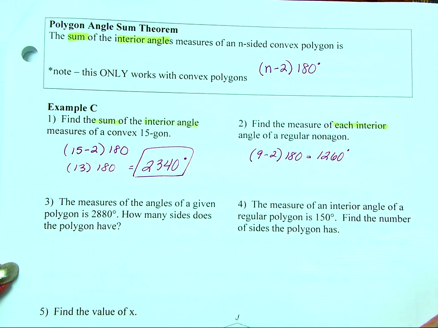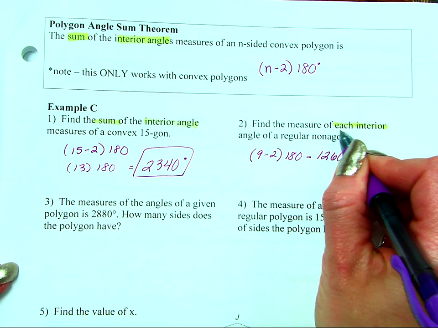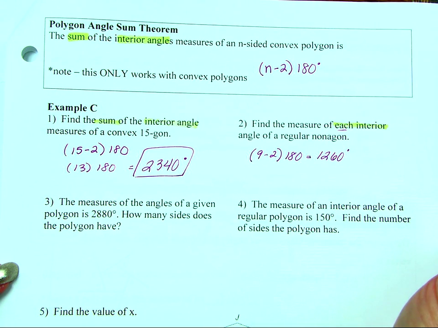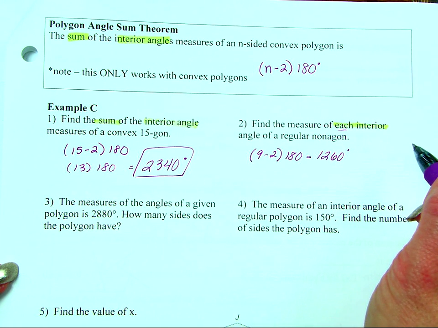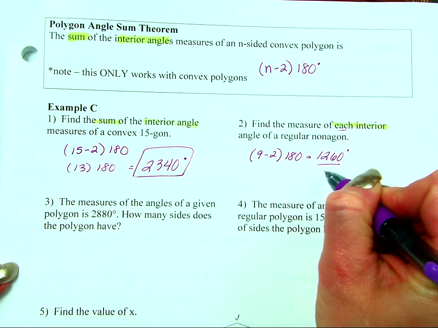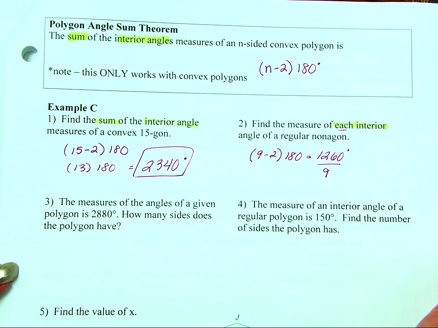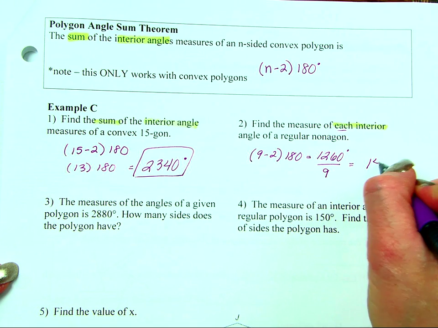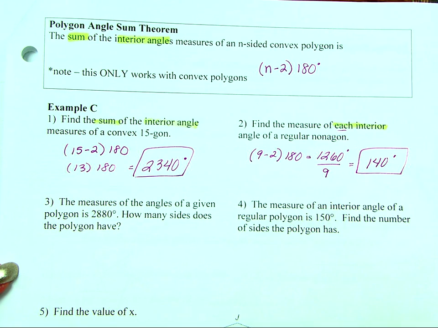But 1,260 degrees is not my answer because I want each interior angle. Because this is a regular nonagon, 9 sides means 9 angles. So we would have to take that and divide by 9. In the end, we'd find out that each angle would have to be 140 degrees.